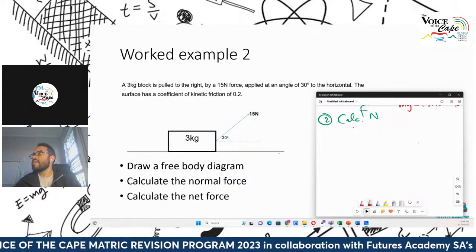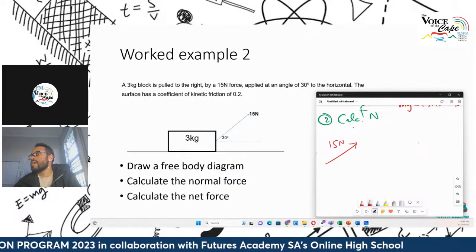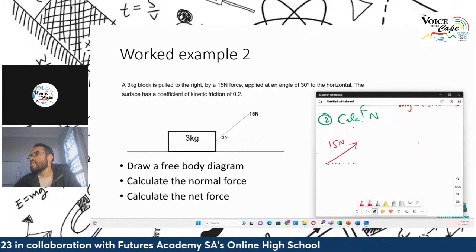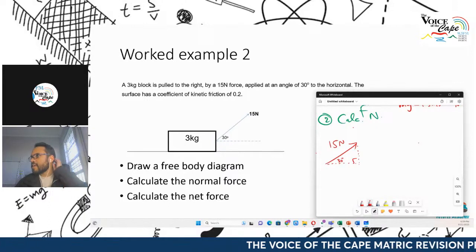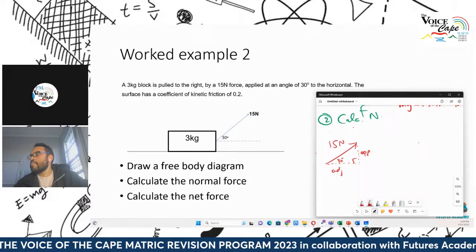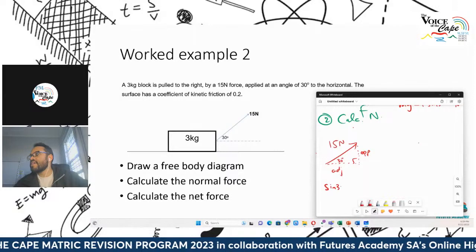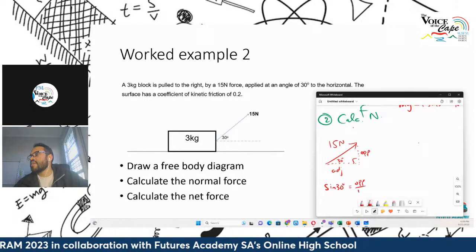Now, if you don't know how to get this F sine 30, once again, you can draw this. There's my 15 Newton force. This is a component. We know this is 30 degrees over there. Let's take that component over there. We know that this is opposite to 30, and this is adjacent to 30. So for the opposite, sine of 30 is equal to the opposite side divided by 15.